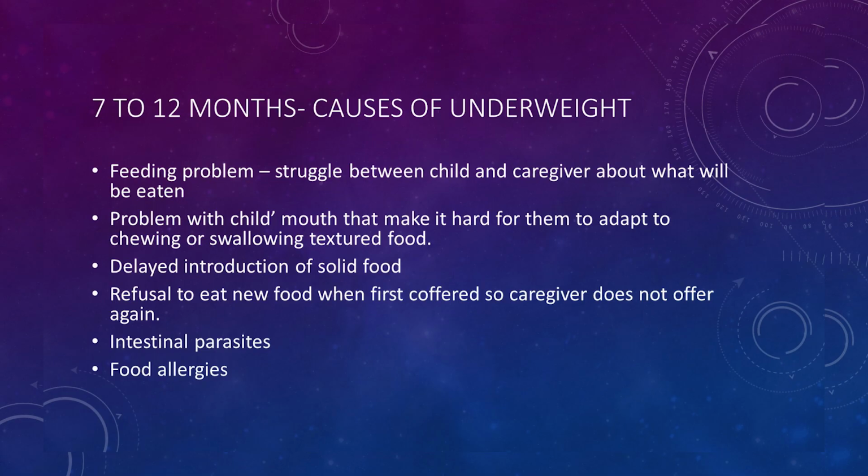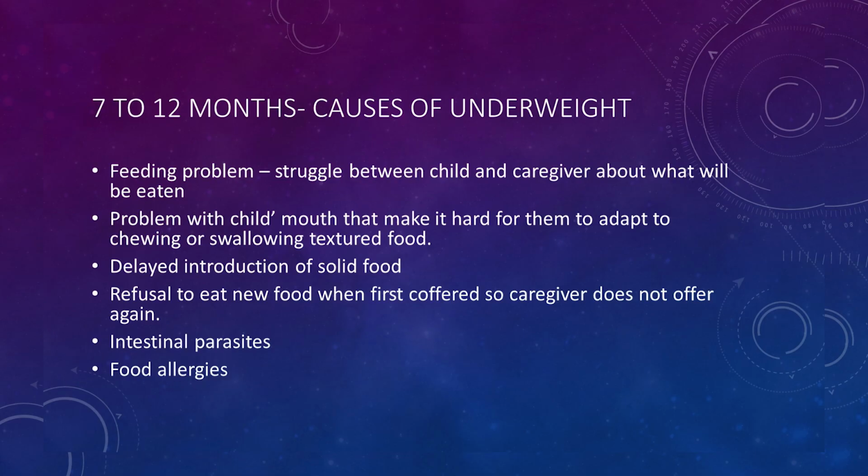Sometimes weaning is delayed because of the mother's lack of knowledge about weaning, and the baby is kept only on the mother's milk, but that is not enough after 7 months of age. Because of the delayed introduction of solid food, again the child is undernourished and may end up underweight.